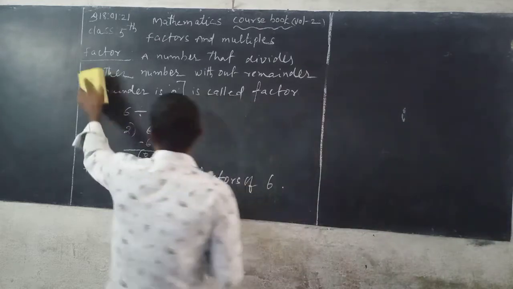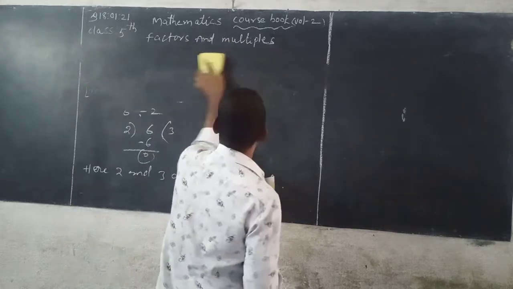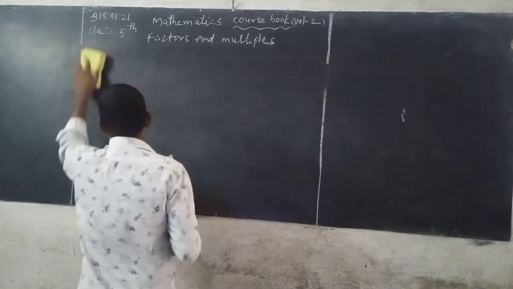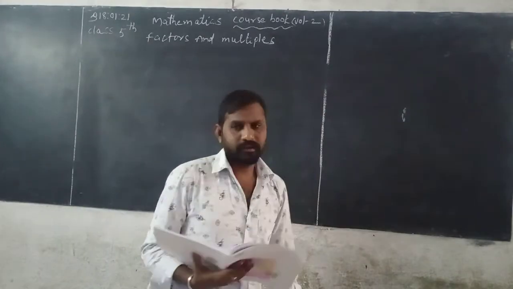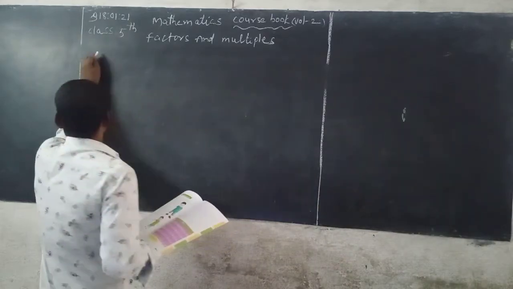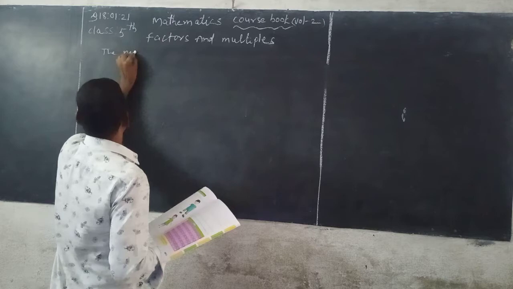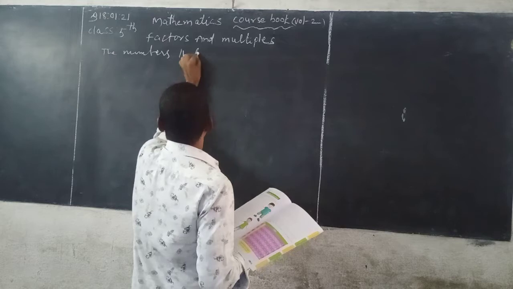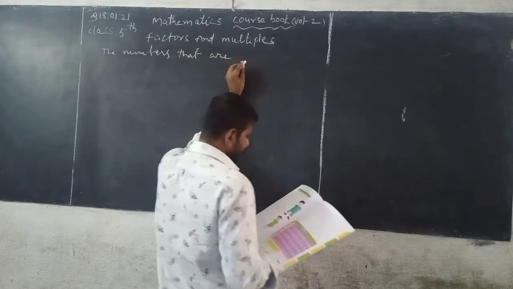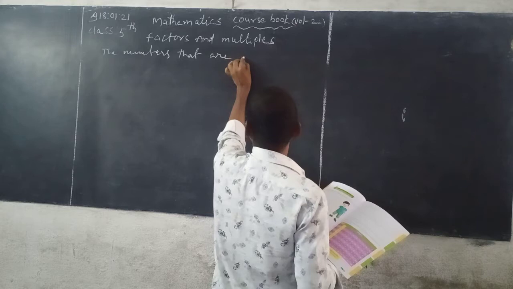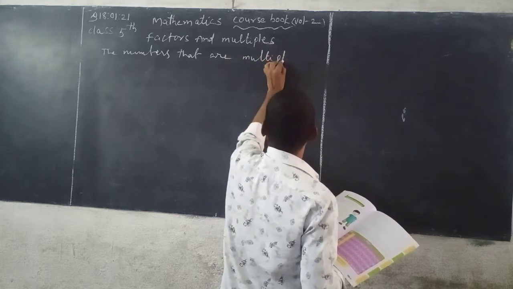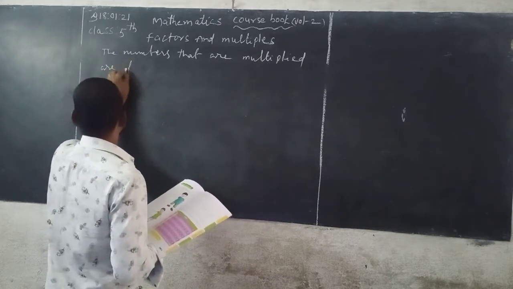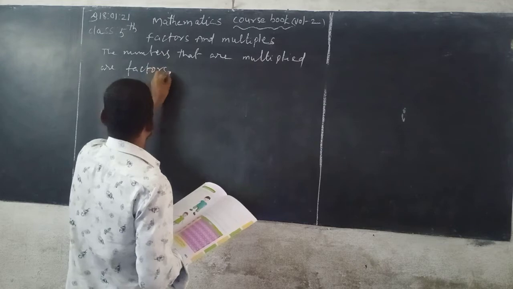See here, listen carefully, everybody. The numbers that are multiplied are factors. Already I said.